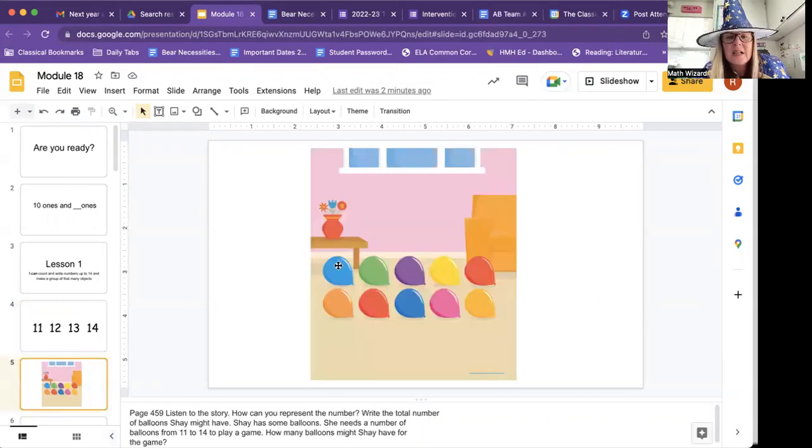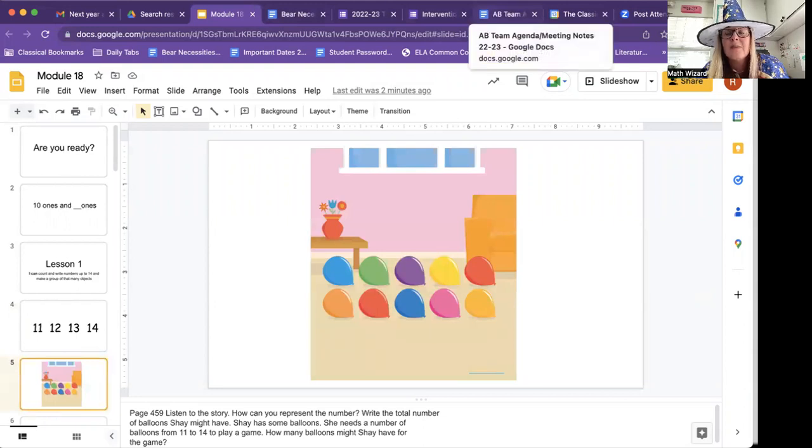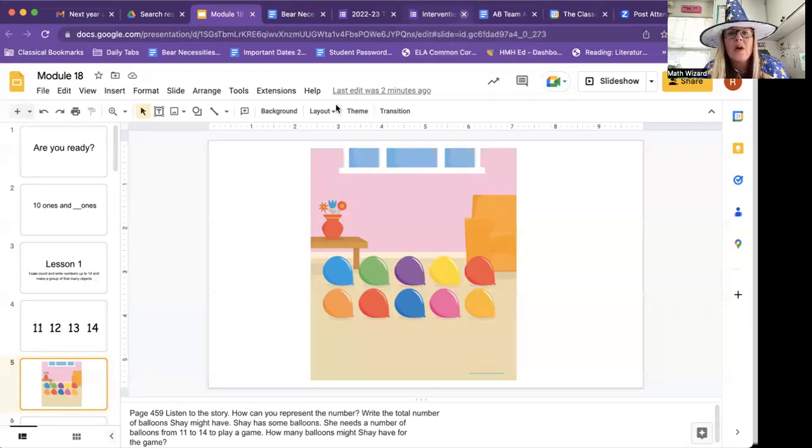So let's count how many she has. 1, 2, 3, 4, 5, 6, 7, 8, 9, 10. So we need to give her more balloons. She needs a number between 11 and 14. So I'm going to give her, I know what number I have in my head. You can add however many you want, as long as we make it be between 11 and 14. So I'm going to start with, we have 10, 11, 12, 13.